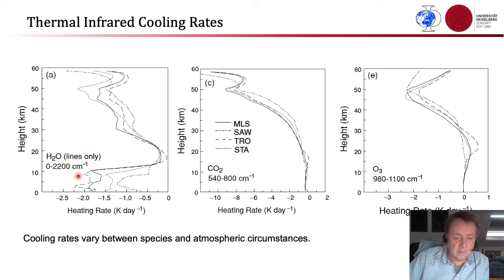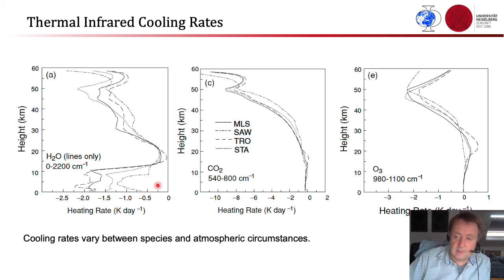We see different lines, and those are different atmospheric circumstances. We have, for example, mid-latitude summer with a certain temperature profile and humidity, subarctic winter, that's a tropical profile, and that's the standard atmosphere, a certain reference atmosphere.